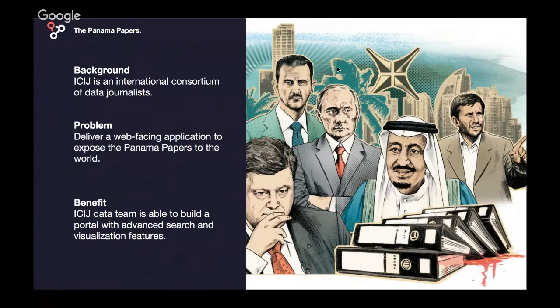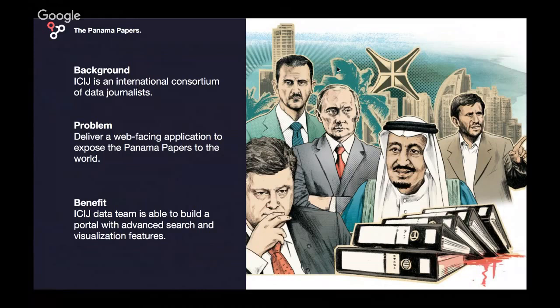And at the end of that long investigation, they were on the lookout for a way to actually publish the data and make it available to the public. So they quickly decided that they would need a web-facing application for that, and they used the Linkurious SDK to build it. With the Linkurious SDK, they were able to quickly ship that website, which handled heavy traffic once it was released.